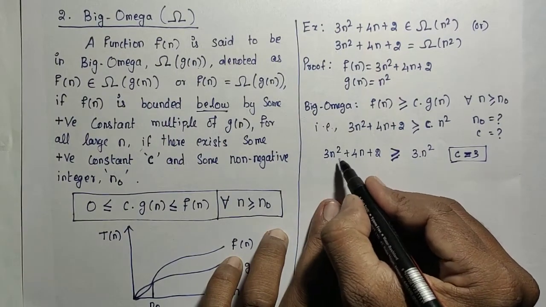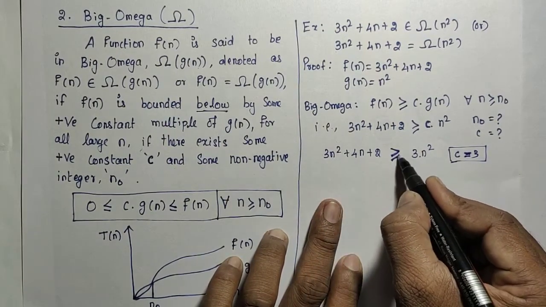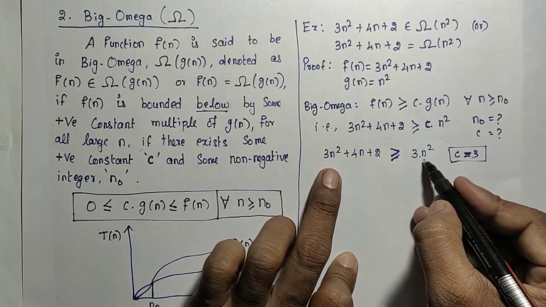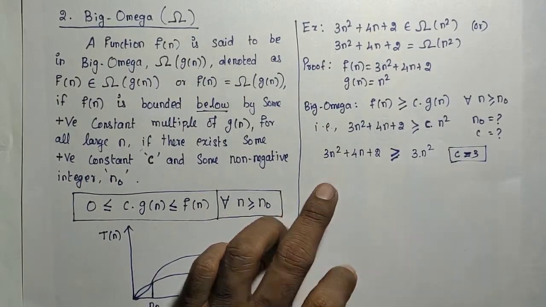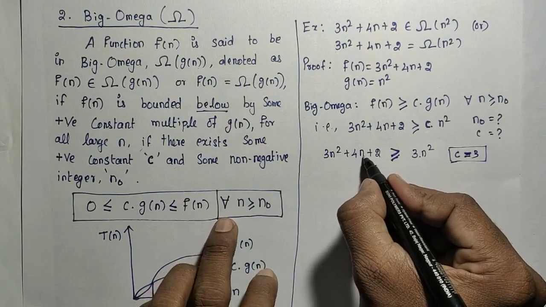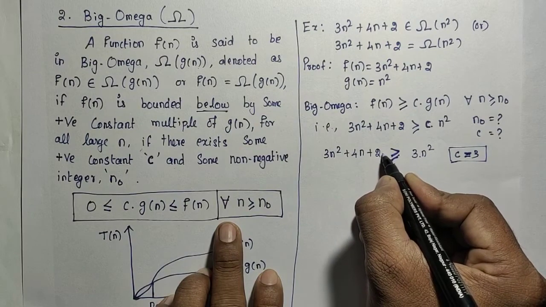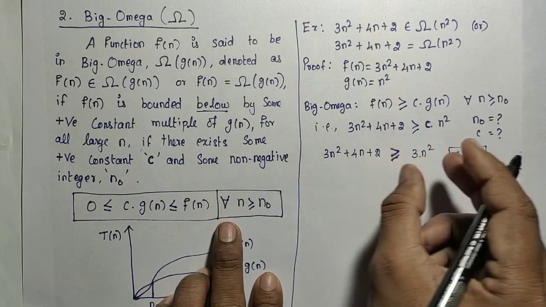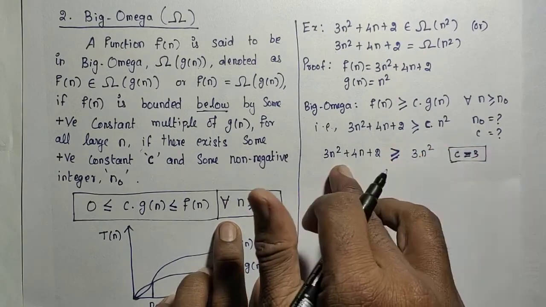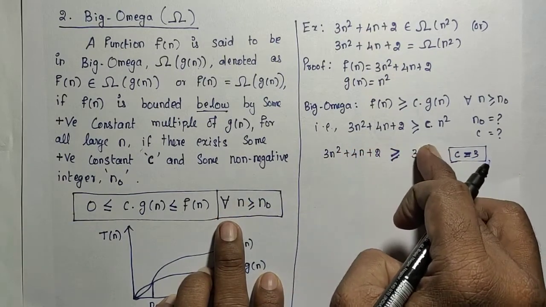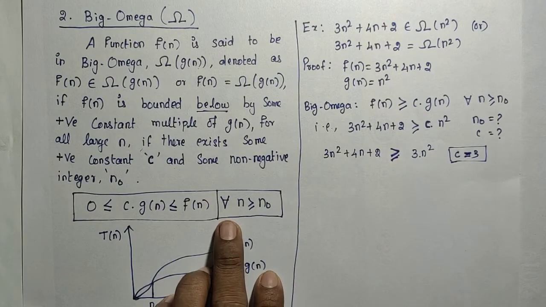So we can write 3n squared plus 4n plus 2 must be greater than or equal to 3n squared, because we have skipped these terms. If you raise a term to the power of squared, or multiply it by n squared, the new term must be greater than or equal to this term. But here we are reducing this, so reducing means that term must be less than or equal to this term.